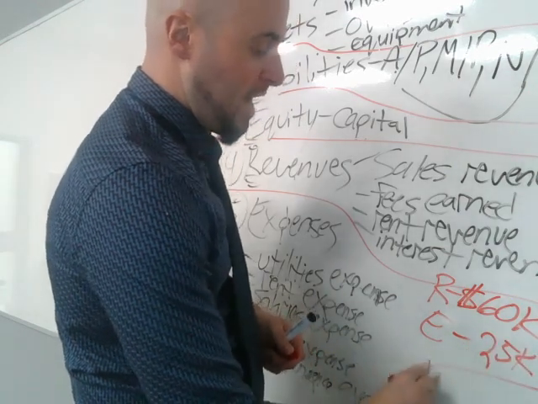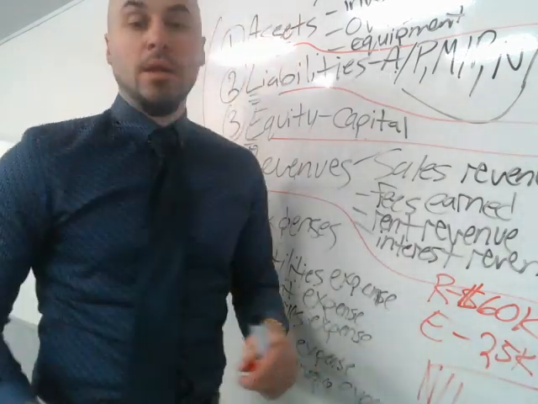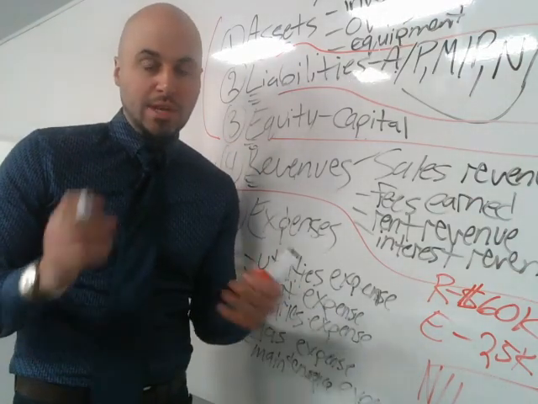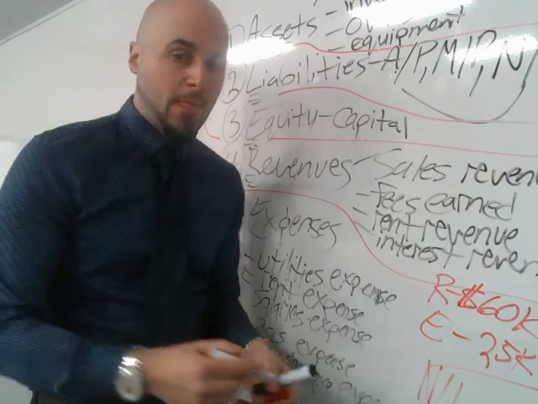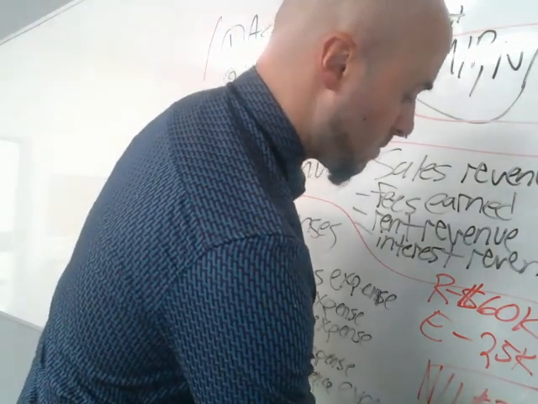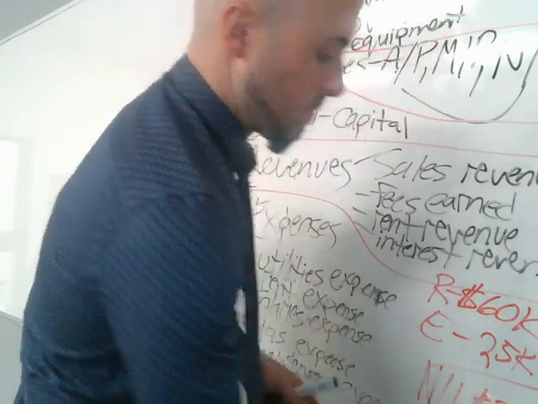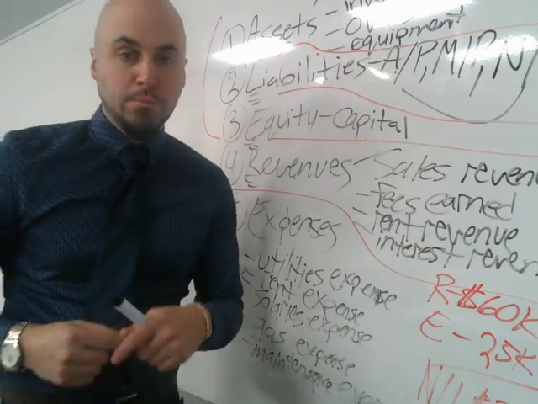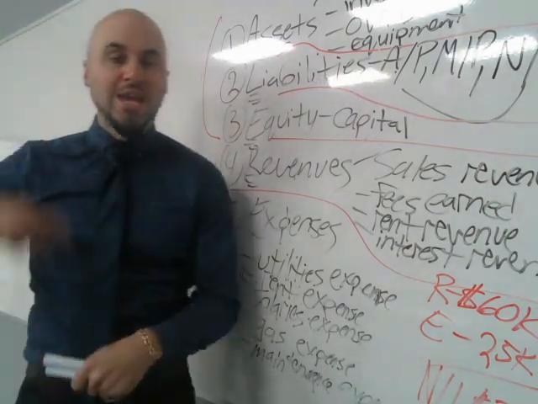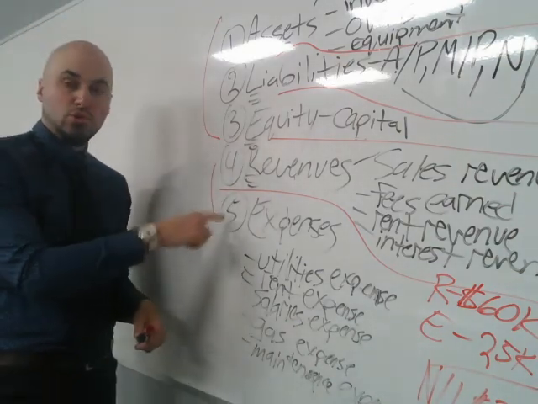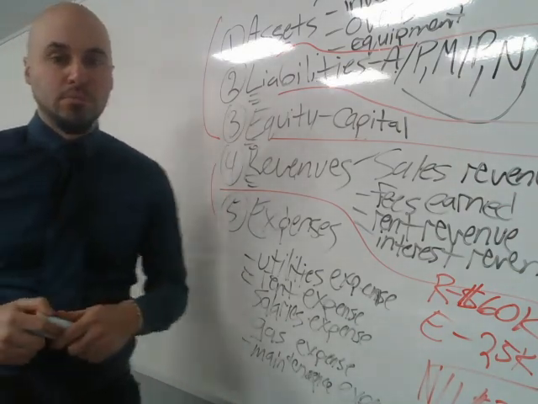So that means NI, net income, is profit. That's what it's called. Net income, or profit, will be 35,000. Okay? That's where revenues and profit differ. Profit is after deducting expenses. And that's why these two categories go together.